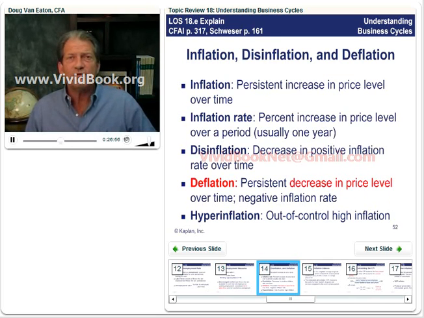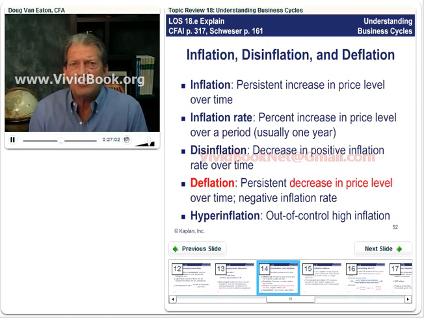So now our inflation terms. What's inflation? Well, it's a persistent increase in the price level over time. But when we talk about the inflation rate, we're usually talking about the last quarter or the last year or what it's been. Now, when we talk about disinflation, that's a decrease in positive inflation over time.